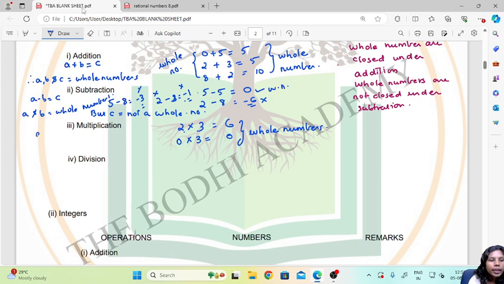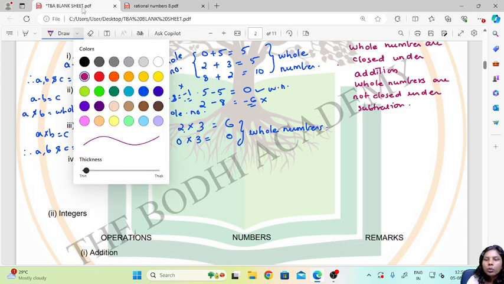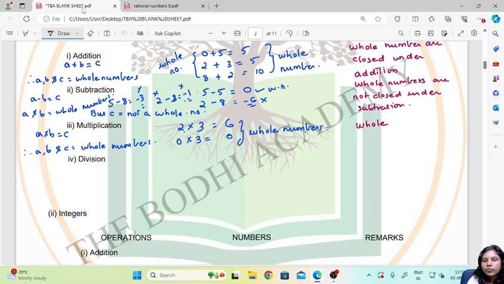Therefore A into B equals C, where A, B and C are whole numbers. Therefore whole numbers are closed under the multiplication property.